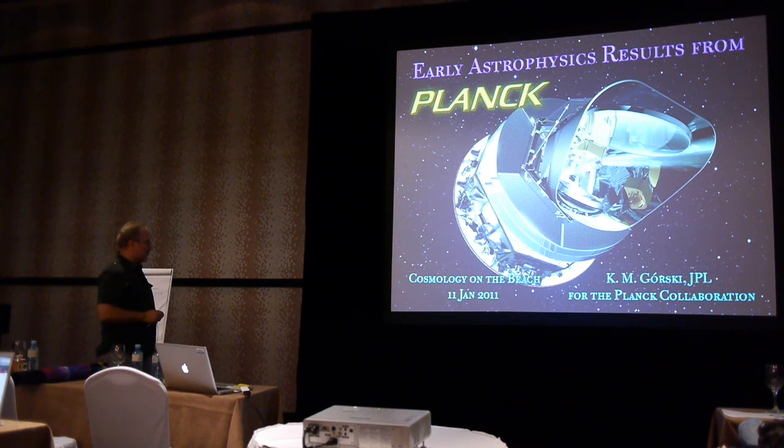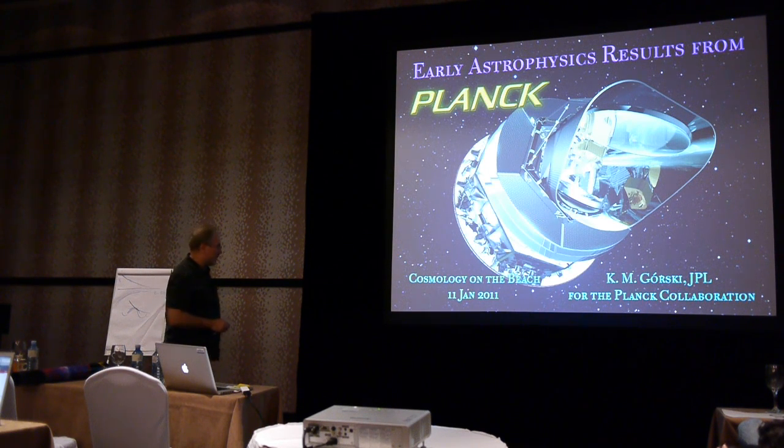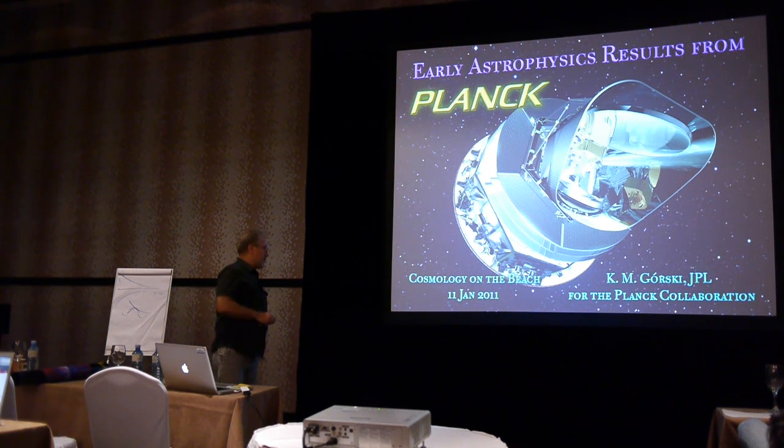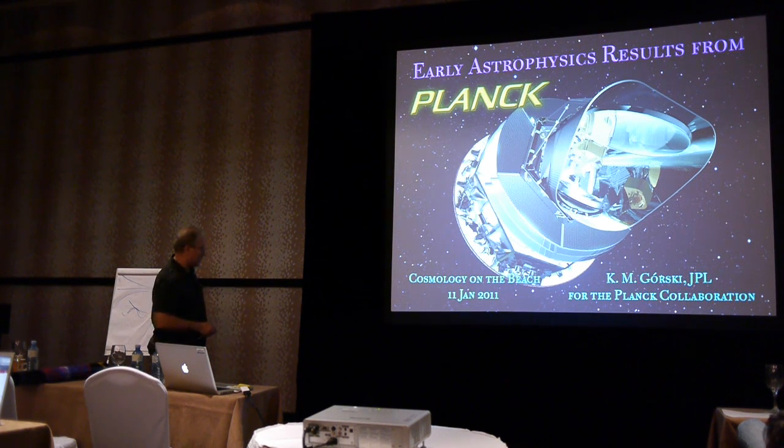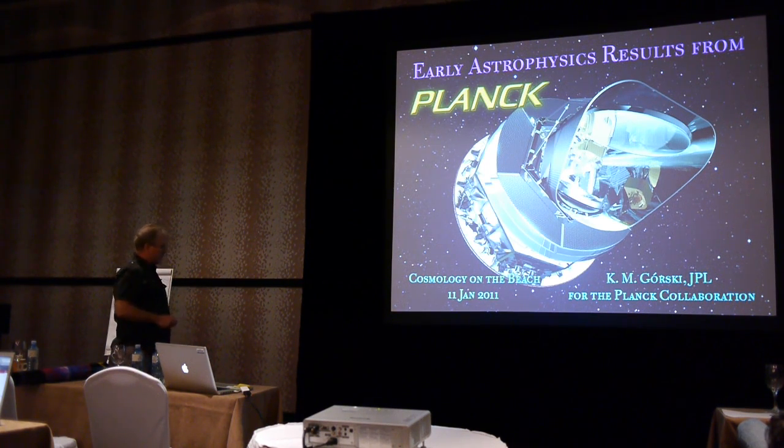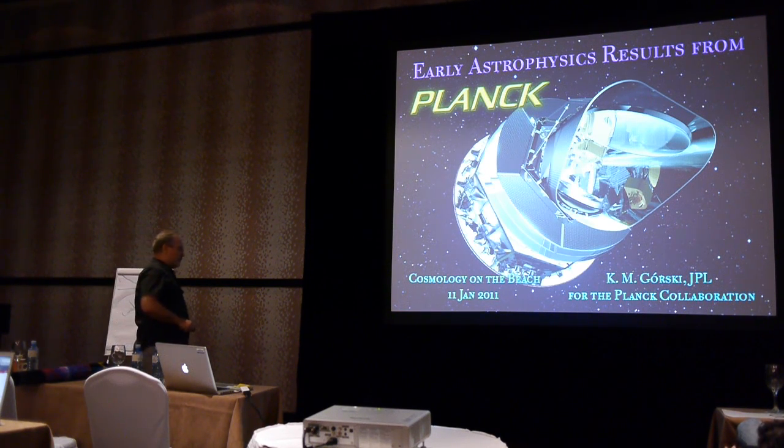WMAP was a satellite which employed only passive cooling to dump heat from the platform and observe the sky with detectors in the focal plane operating I think around 40 Kelvin temperature. The difference is that if you look, this is a reflection on the screen of the focal plane, which is really here, but it's better seen on reflection, with big horns of low frequency instruments surrounding an orange box of the most cooled part of Planck.